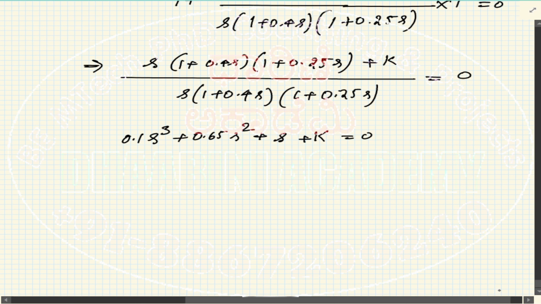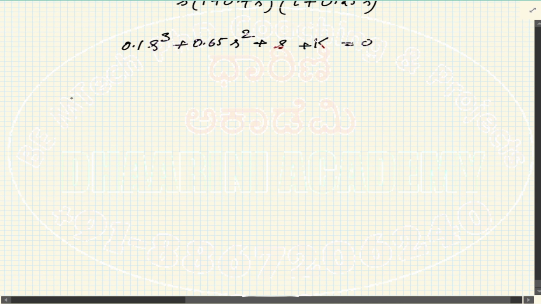Now, we need to find the range of K for which this system is stable. So what we are going to do now is write the RH table. This is s cubed, s squared, s to the 1 and s to the 0.